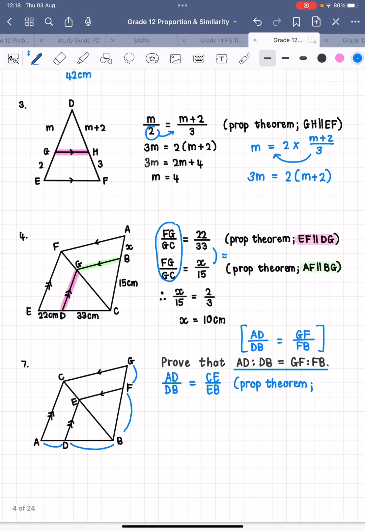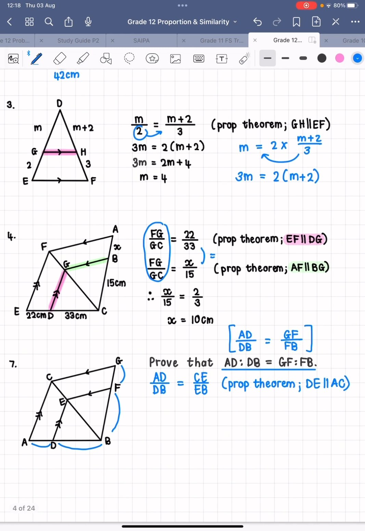And now because we're working in this bottom triangle, we have to say DE parallel to AC. So we have the first half of that statement that we need to prove. We have that first fraction.